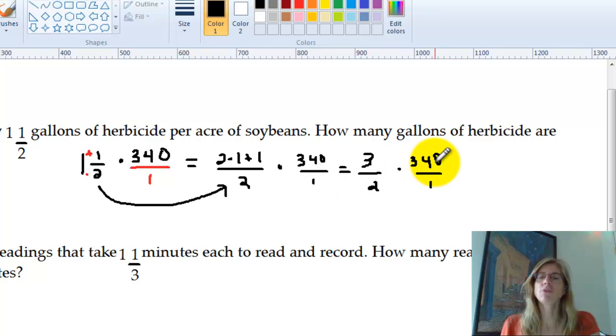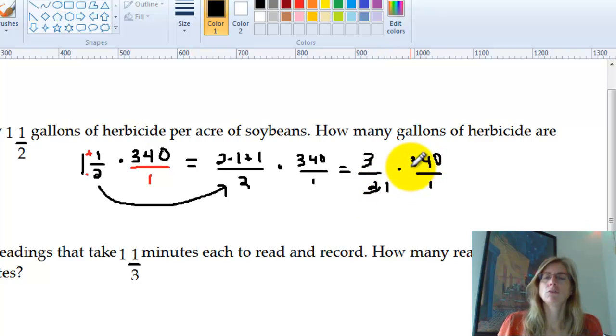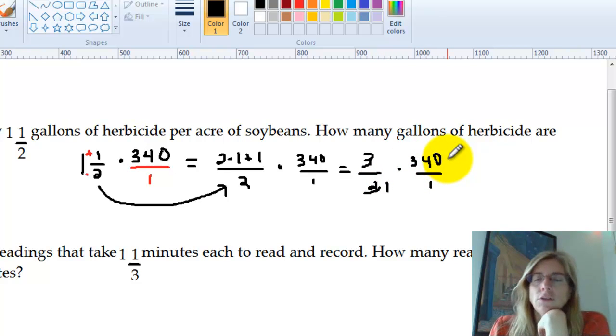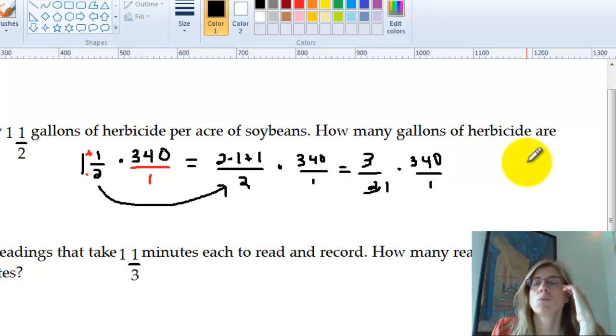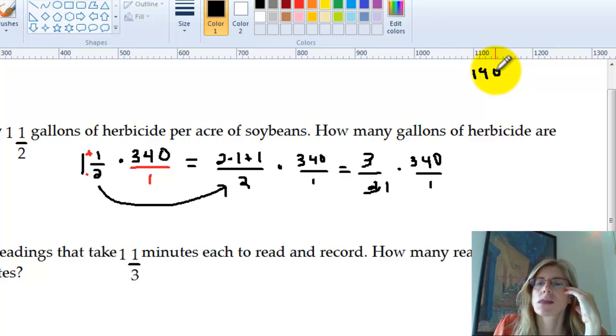And 2 and 340 are even numbers, so we can divide 2 into 340 and reduce with a cross reduction or cross canceling. 2 into 2 is 1, and 2 into 340, I believe, is 190. Let's look at that. 190 times 2, 0, 18, carry 1 is 380.